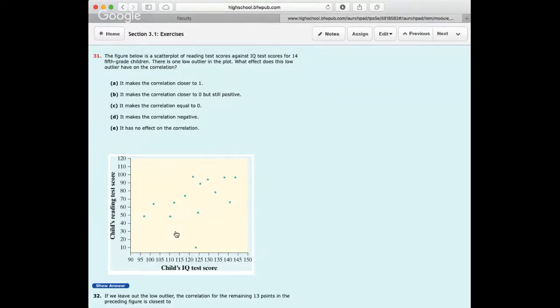Well, remember, correlation is the relationship between the explanatory and the response, right? It can go from +1 being a perfect linear relationship or association, and it could go all the way to -1, which is a perfect negative relationship. Since this is a positive linear relationship, the question is whether it is moderate?